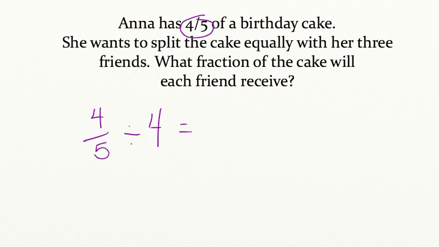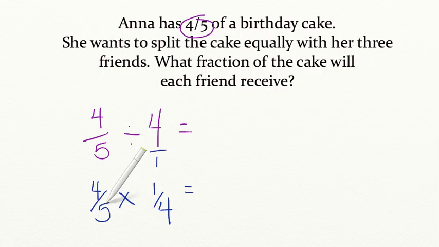Now we need to find the reciprocal of 4 wholes to rewrite our equation. So I'm going to start by rewriting our fraction, 4/5, and we're going to find the inverse of division, which is multiplication, and the reciprocal of 4 wholes, which is going to be 1/4.